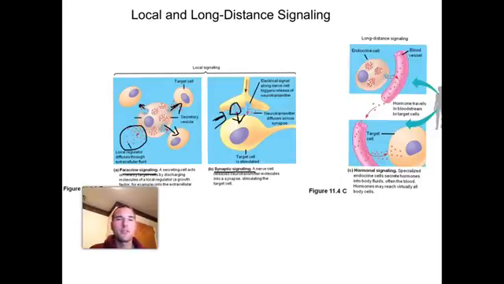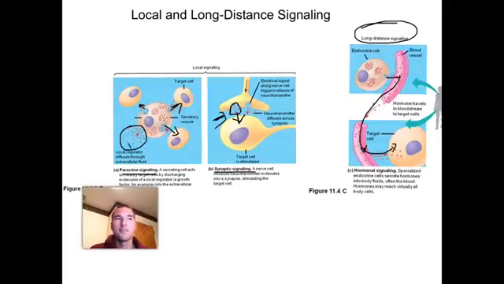Then the other type of signaling that we have is long-distance signaling, and the most common of these would be hormones. Hormones are produced in one part of the body and then carried by the blood throughout the entire body. If they hit cells that recognize the signal being sent, then those cells will do something about it. One of the examples here is the hormone testosterone.